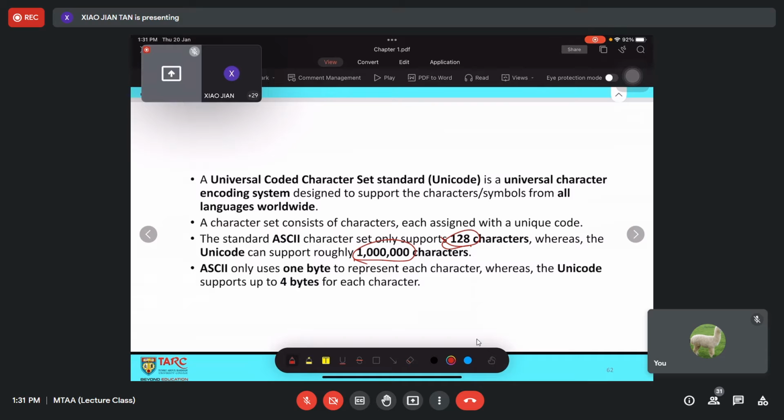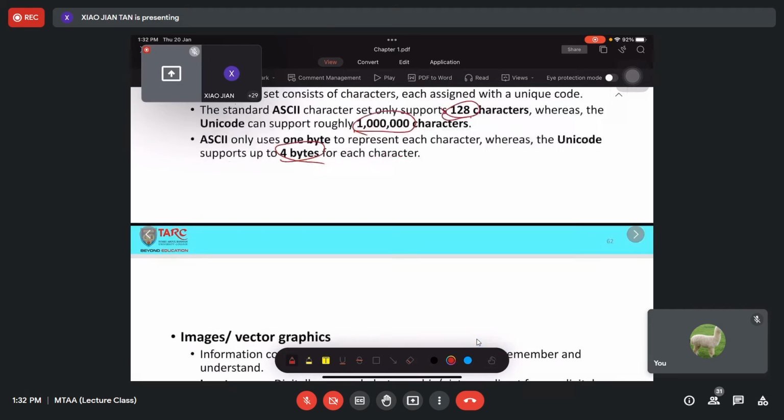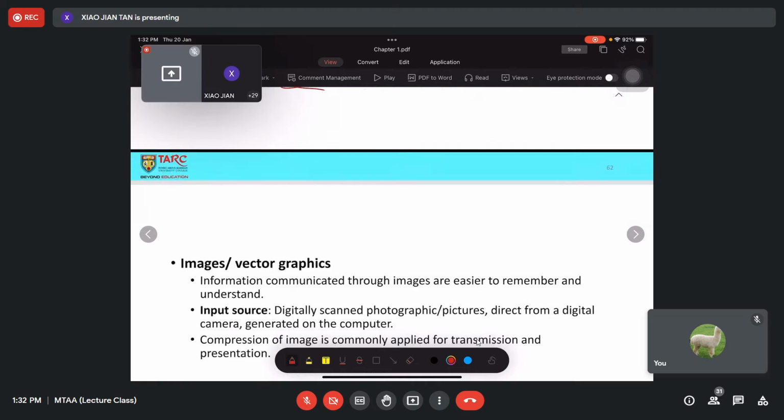ASCII only uses 1 byte to represent each character, whereas Unicode supports 4 bytes. So basically, the higher the number of bytes, the bigger the variety it can support. That is because a byte is closely related to bits, and bits are closely related to storage. So that is why you have MB, TB, those, right?